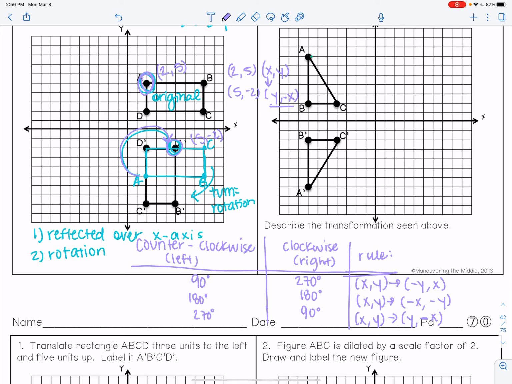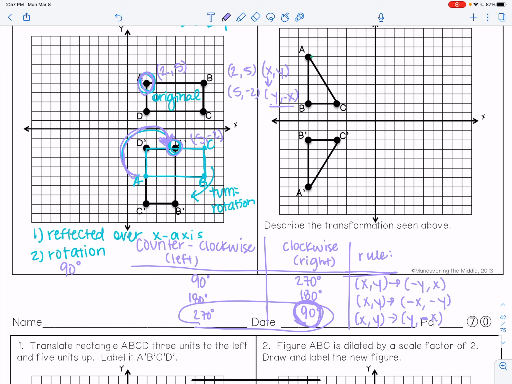Y comma negative x is this bottom one, so we have to choose either between 90 or 270. Well, we went to the right, so we turned our whole figure to the right, which means it's clockwise, right? Okay, great.